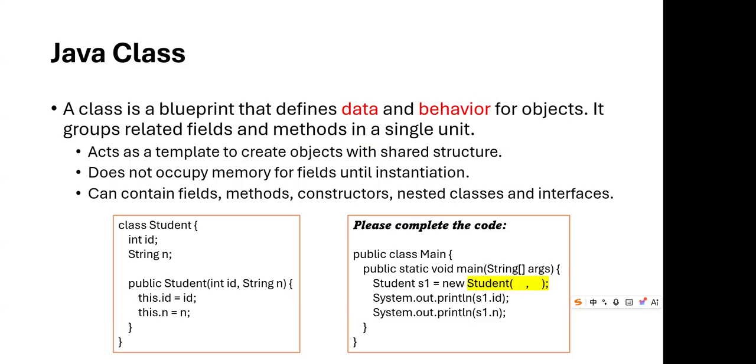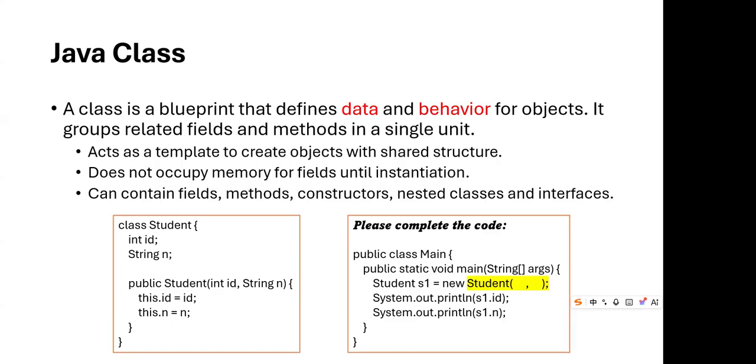On the right-hand side, we are writing a test-driver class, main. Here we are trying to create a student. First we declare Student, and the variable name is S1, and we use S1 to stand for the new object we just created.